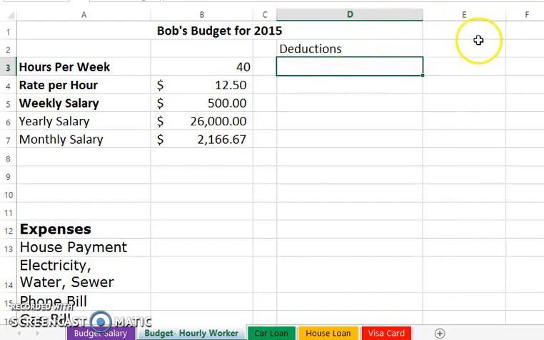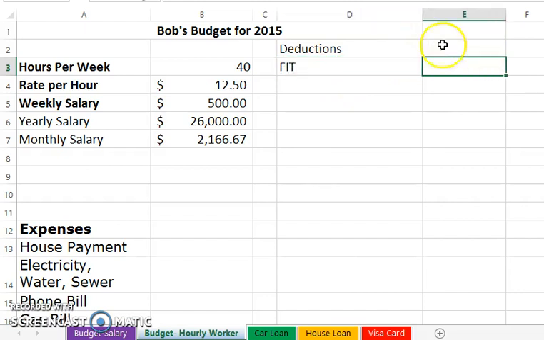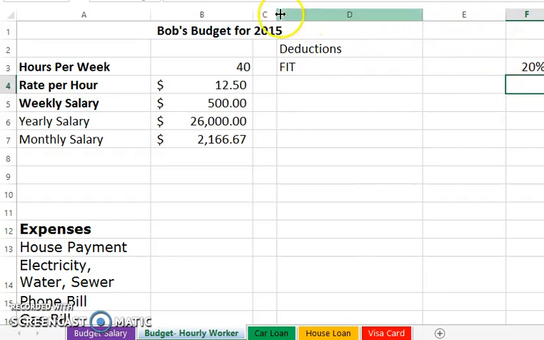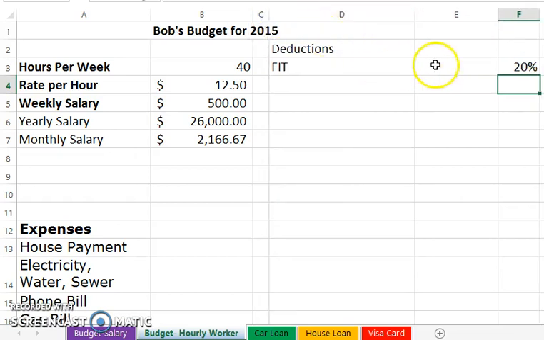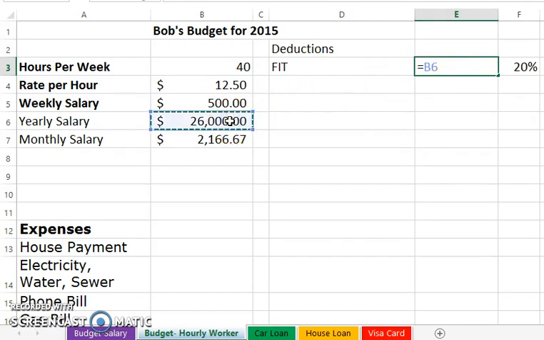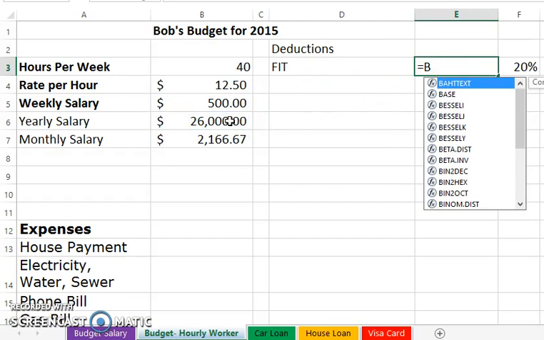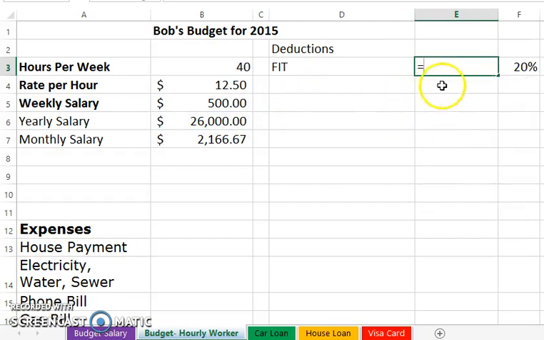You're going to have federal income tax, FIT, and that's going to be 20% of your salary. So to get the actual federal income tax, we're going to take the yearly salary. Oh, let's do monthly salary. And this one we're going to do with monthly.